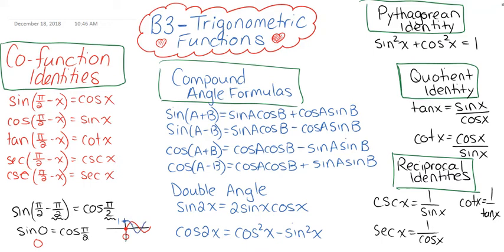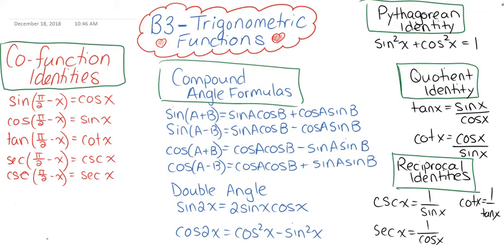So at 90 degrees, or pi over 2 radians, cosine has a y value of 0. So we know that those two values are actually equal, because the cosine graph is as if the sine graph was shifted 90 degrees, or pi over 2, they have the same value at those points. So cofunction identities just tell you when certain trig ratios are equal to the same thing.